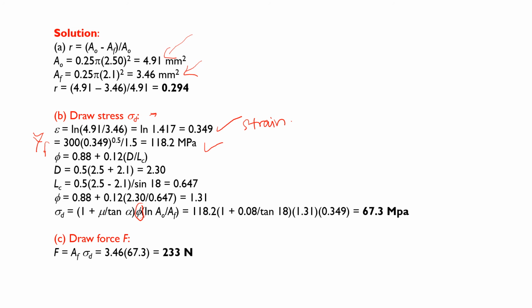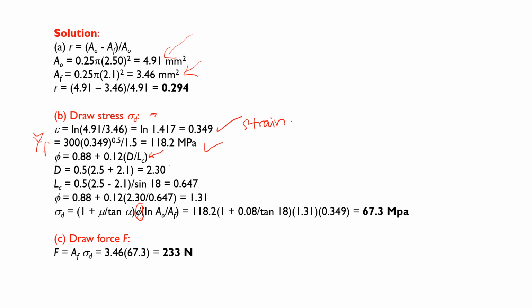Okay, so then the next one is given by this equation. So what you have to do is just include it inside the equation, and then you will get the value. Okay, so for this D and LC, they are not there yet. So you have to calculate the D. D is given by 0.5 times the initial diameter plus the final diameter.